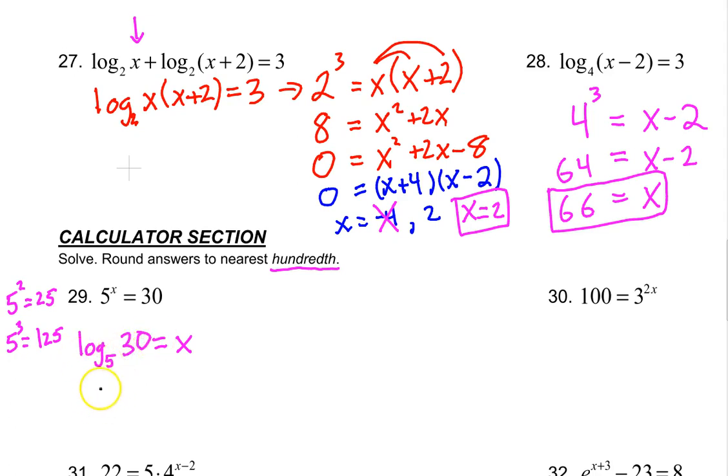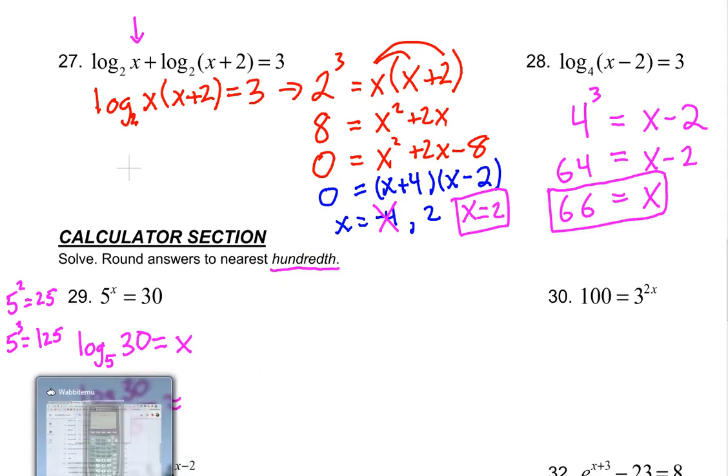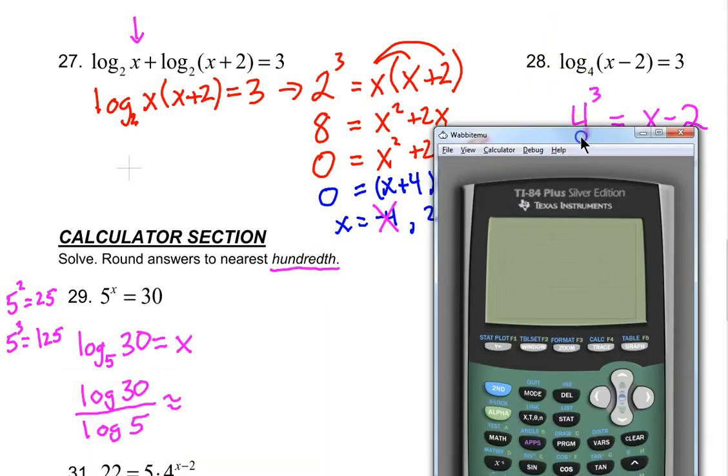Same question: 5 to what power is 30? And then in your calculator, you can use the change of base and just type in log of 30 divided by log of 5. That will be a decimal that we round to the nearest hundredth.